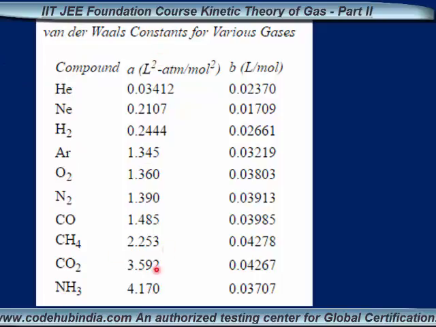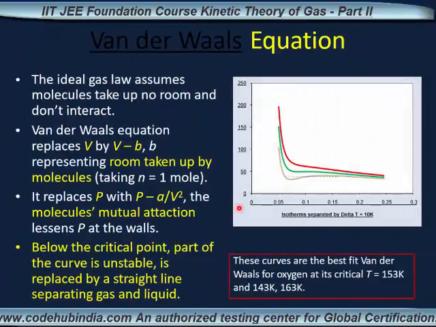When you put the values of a and b into the equation, you get results close to the ideal gas application if the correction is small. So you don't need to worry about those values. If the problem comes in your question, the values of a and b will be given. Okay?